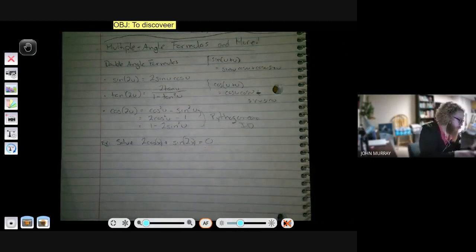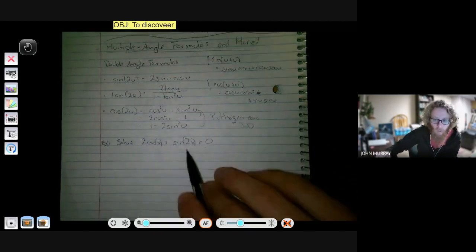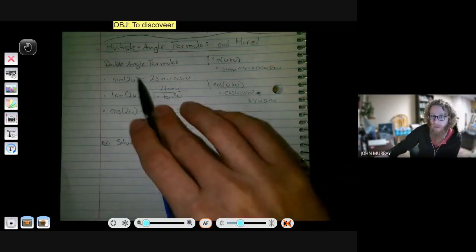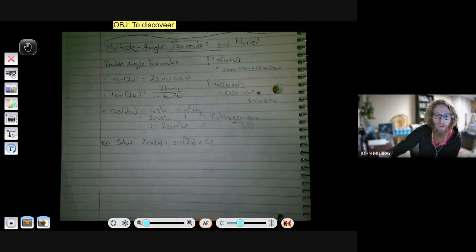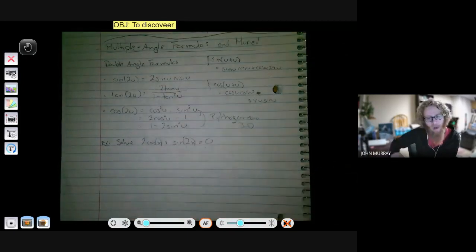If we see a situation like this where we're dealing with more than one trig function and one of them is this double angle form, then we're going to use our double angle formulas to simplify. It's kind of like using our identities from our previous lesson, and that allows us to solve.